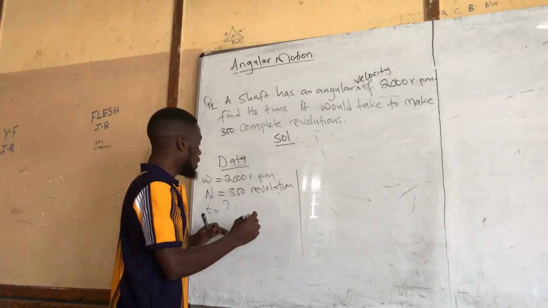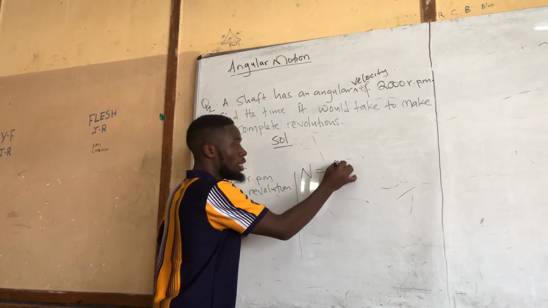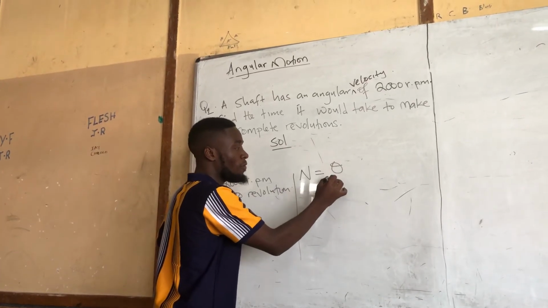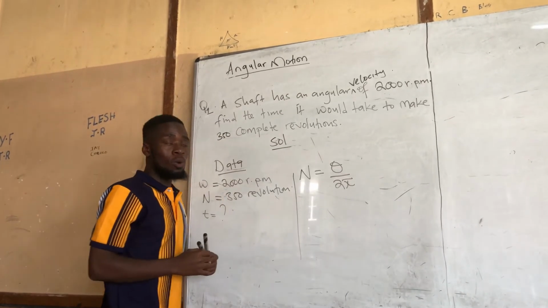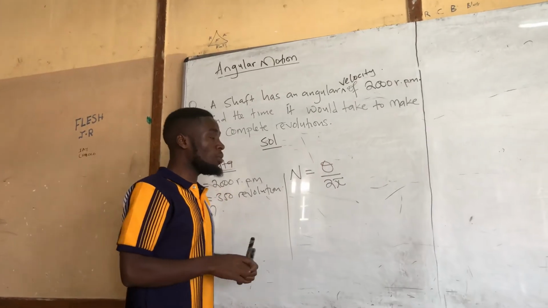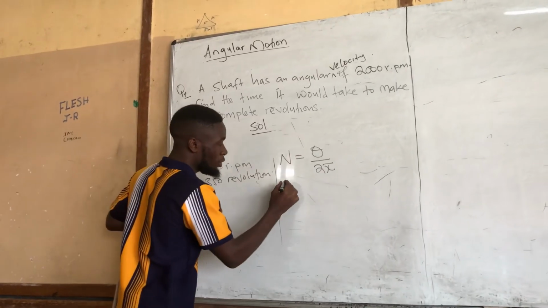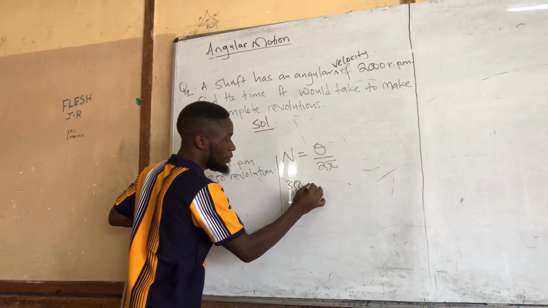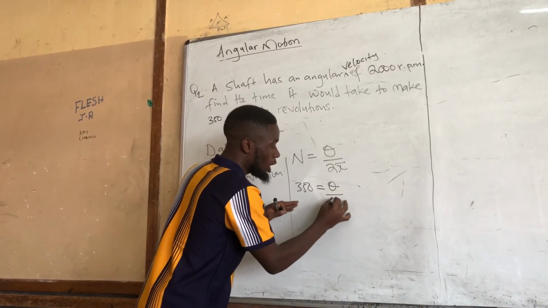So you say the number of revolutions is equal to the angle turned through, which is the displacement, over 2 pi. Our main goal is to find this theta, the angle turned through, or the displacement. The number of revolutions is 350, equals theta, which we don't know, over 2 pi.